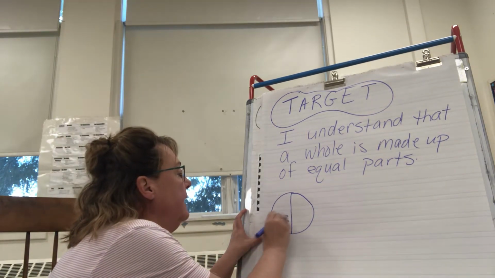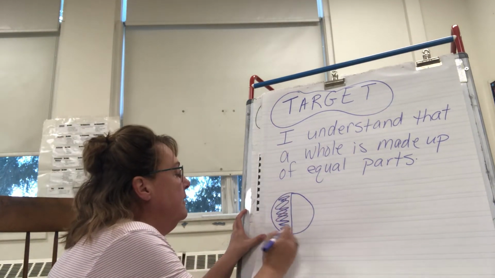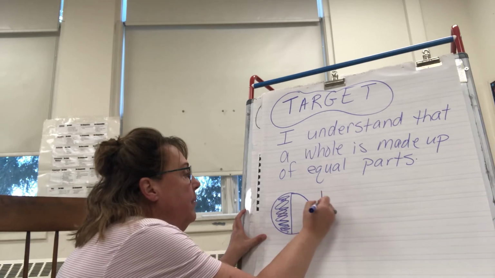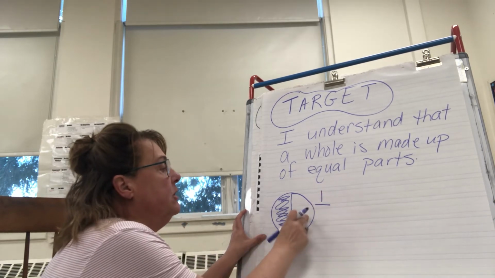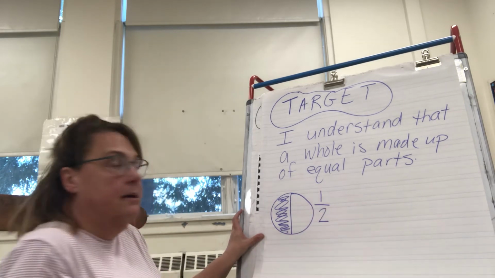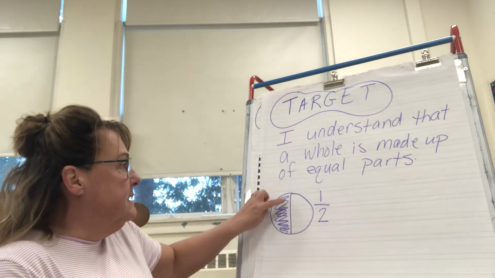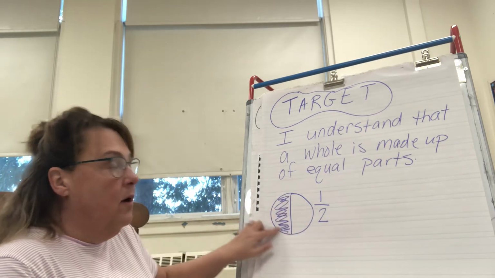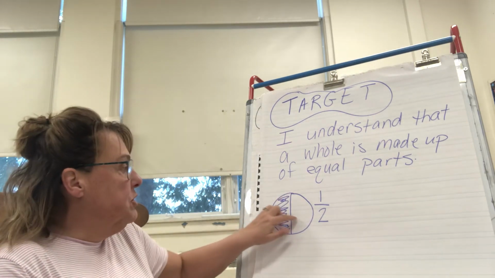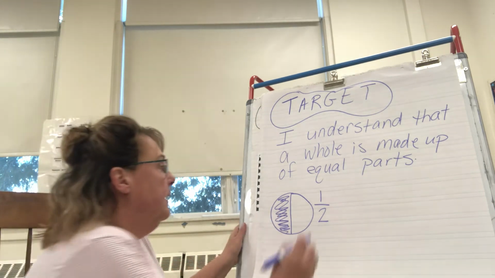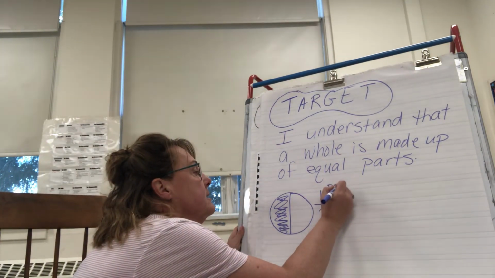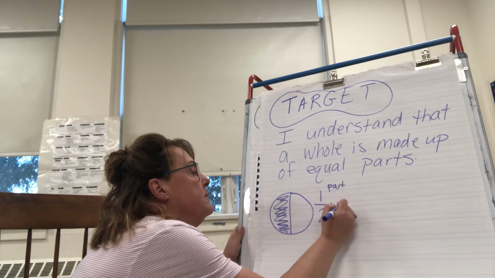If I shade in one part, I'm shading in 1 part out of 2 parts. So that's 1/2. So this is the part and this is the whole. There are 2 parts to this whole. So I'm going to write part and whole so you understand.